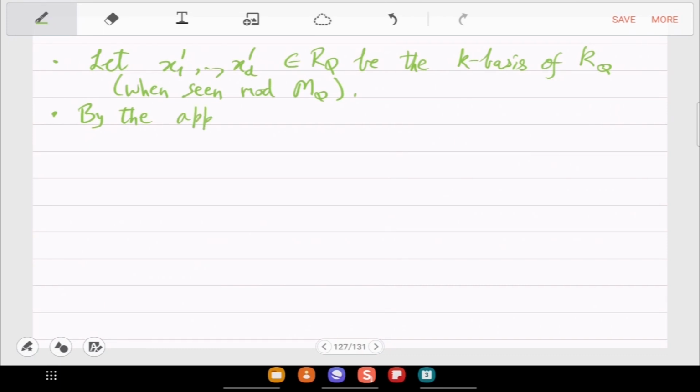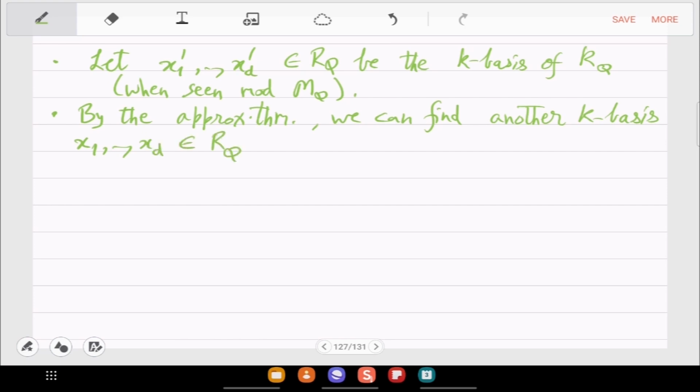So by the approximation theorem, we can find another k basis x1 to xd, more functions, such that xj and xj prime should be roughly the same.